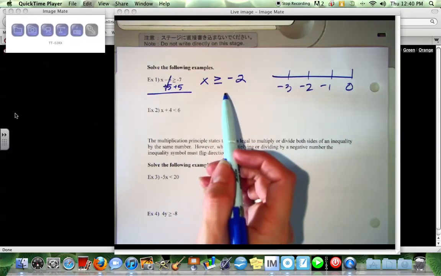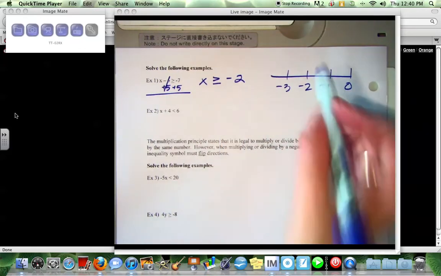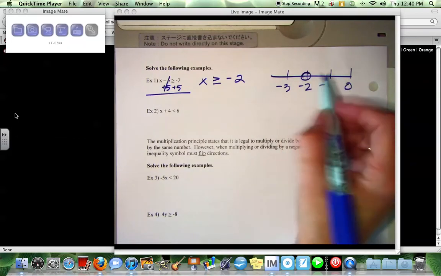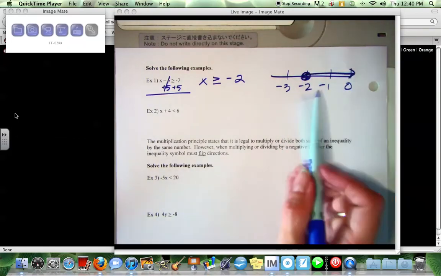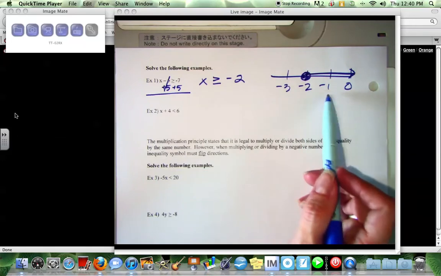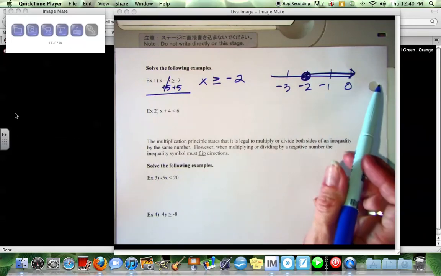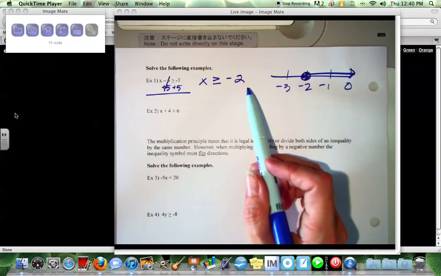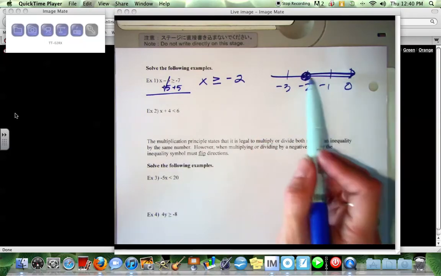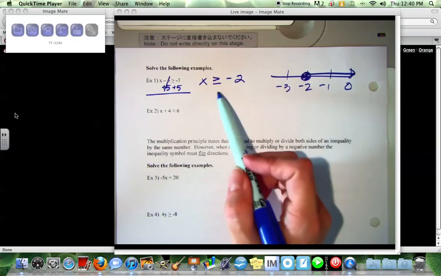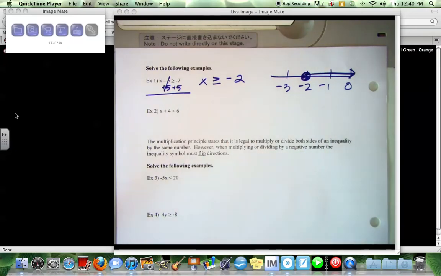And what this says is x is greater than or equal to -2. So it could be -2, it could be -1, it could be 0, it could be any number that's greater than -2. So that's what the solution means. We're not going to be graphing these, we're just trying to find the solution.